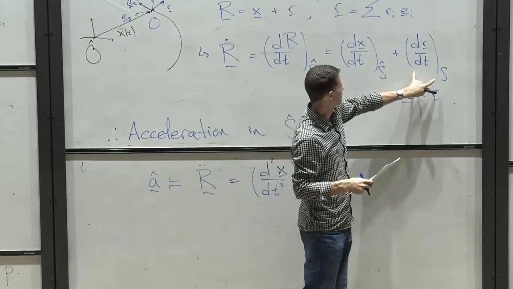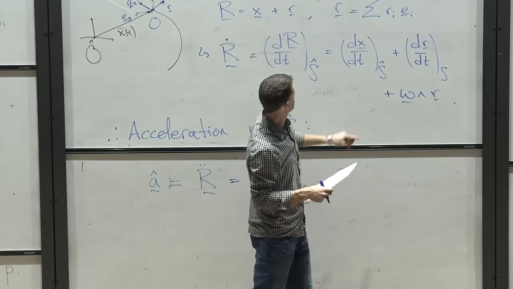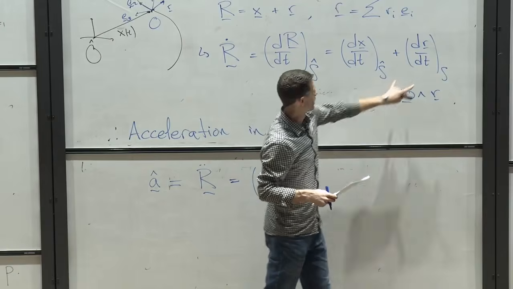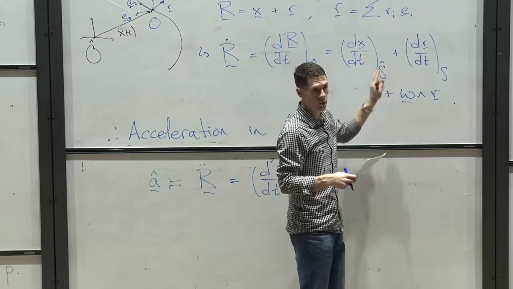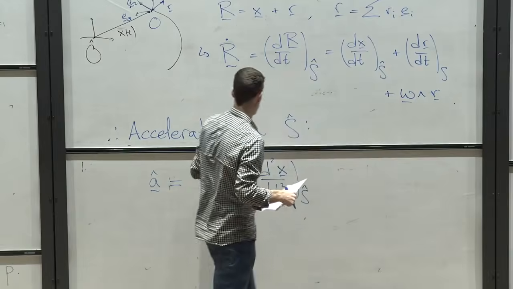One of those time derivatives goes straight to that term, and then the extra time derivative comes from the e sub i's, which means I get an omega cross that term.